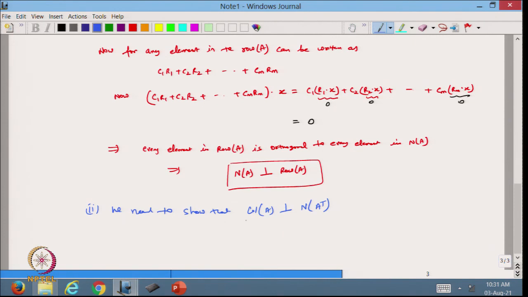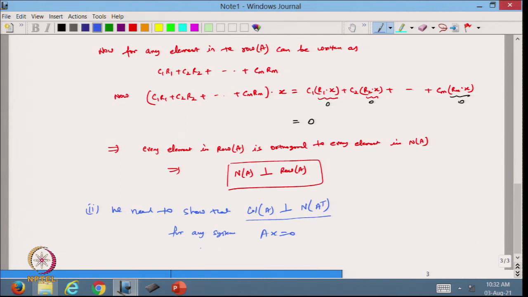So, this one we want to show. Now, it can be clearly proved that for any system Ax equal to 0, that was just now proved.